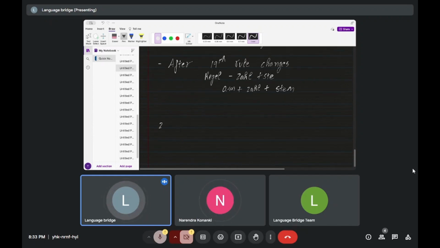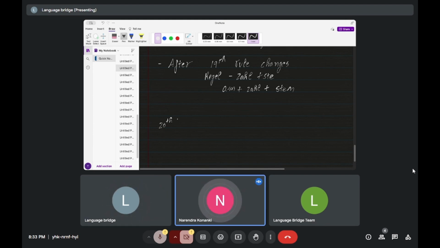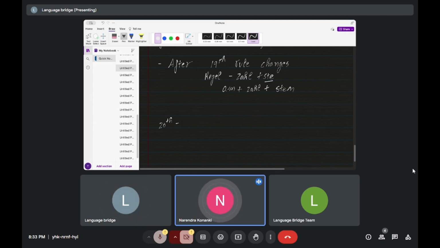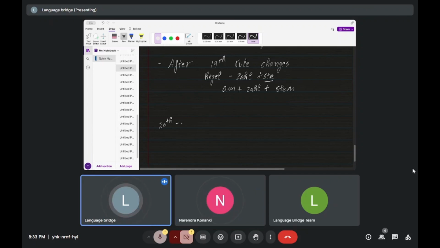For example, if you want to say 20th: what is 20? Zwanzig. And then what will we add? You have to add "-ste". So it will be zwanzigste.